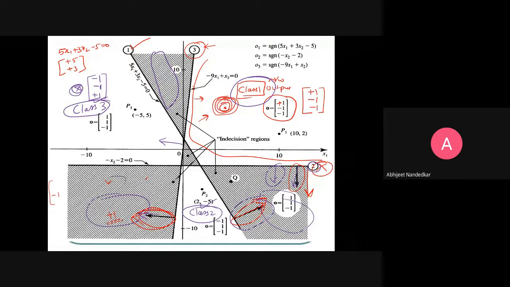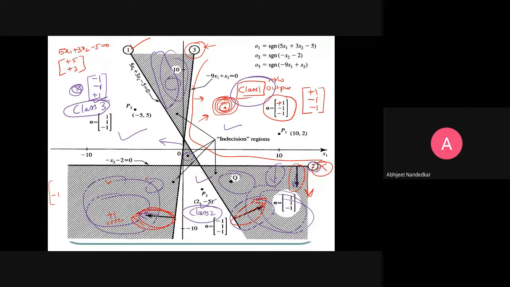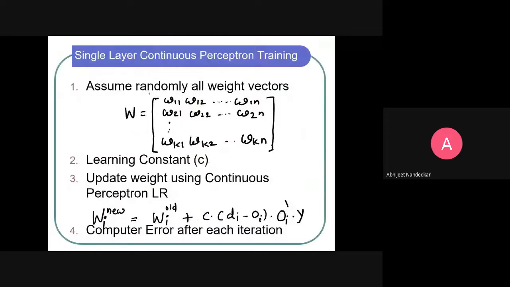So this is the zone where you cannot really do the classification. You cannot classify data if it is falling in this shaded area, but you can classify your data if it is in this white portion. That is the indecision region, that is, you cannot really decide the class of this input. Okay, like that this network is working.